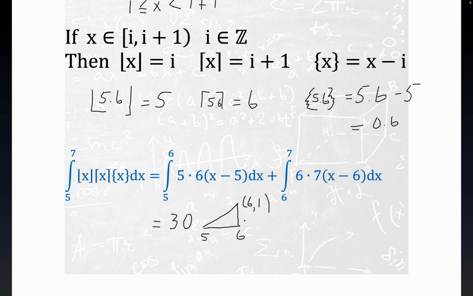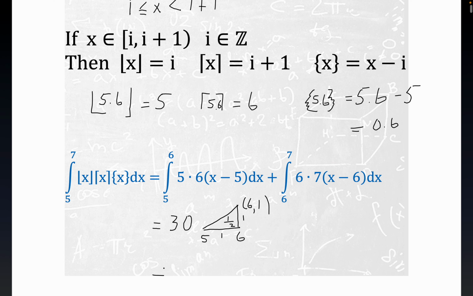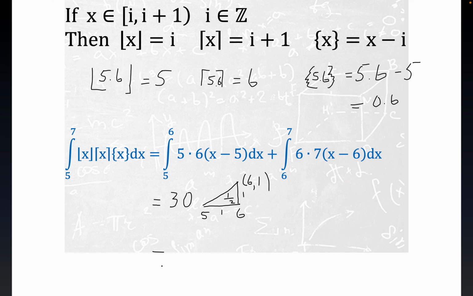We have a triangle like this, so that means the area is one half, so right here we actually get 30 over 2, which is equal to 15.